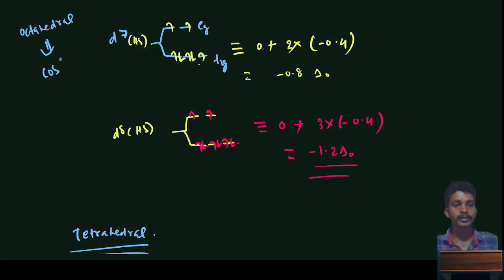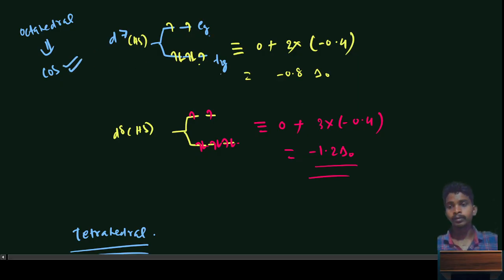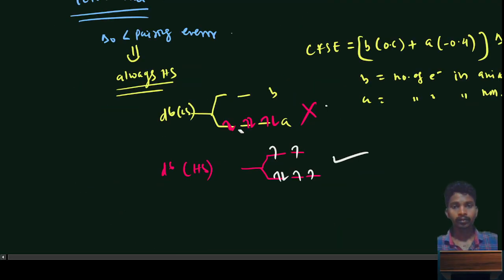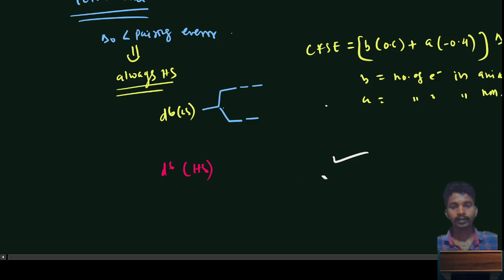COS means center of symmetry is present. So if center of symmetry is present, then EG and T2G. But for tetrahedral, it will not be like this. Sorry, axial will go above and this will be down. So this is the octahedral case.